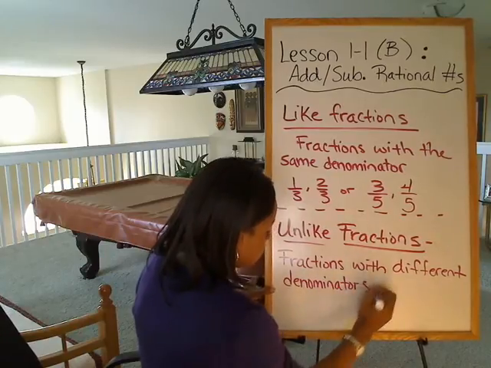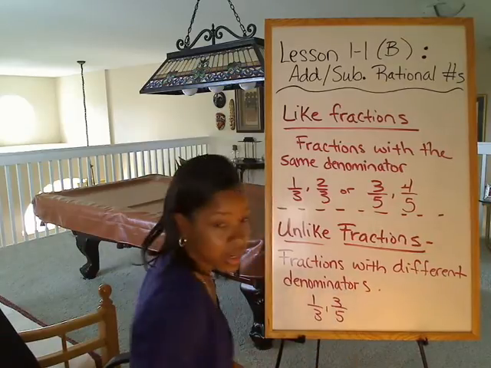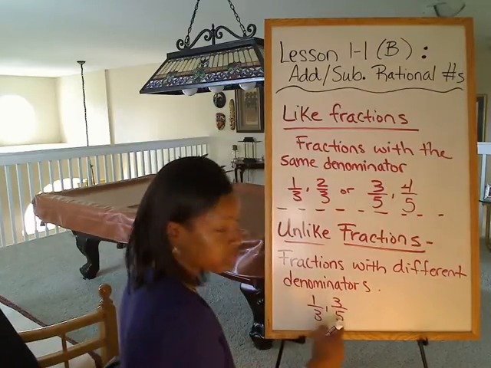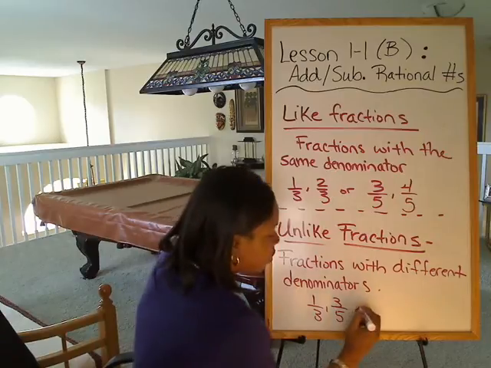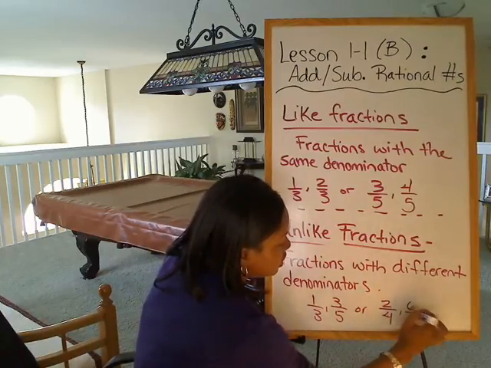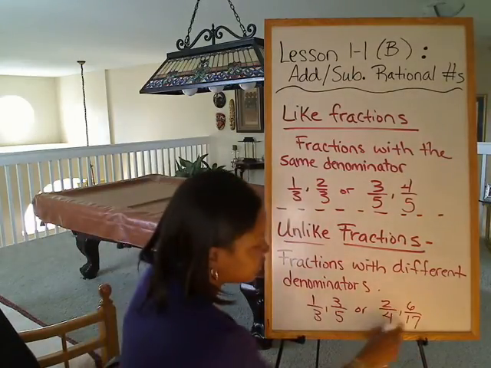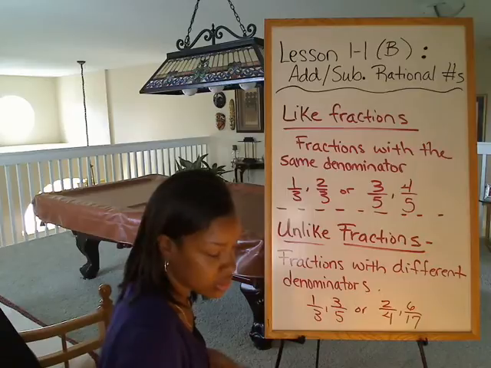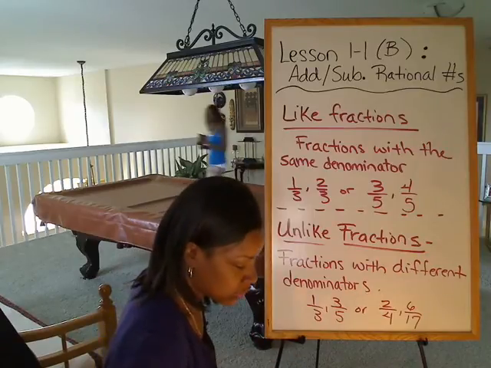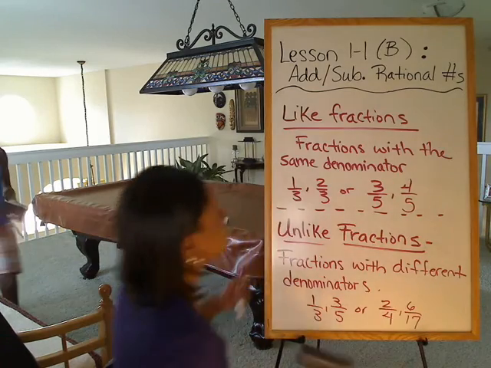So for instance, 1/3 and 3/5 would be unlike fractions because the denominators 3 and 5 are different. Or 2/4 and 6/17 would be unlike fractions because the 4 and 17 are different. They have different denominators. So that's in essence the difference between like and unlike fractions.